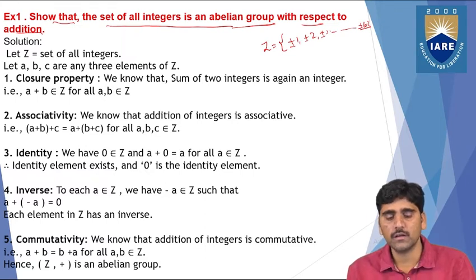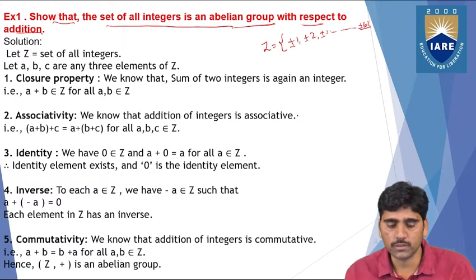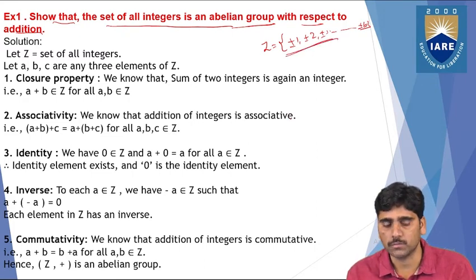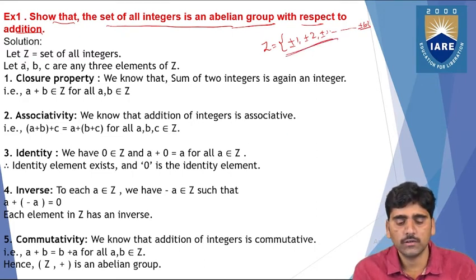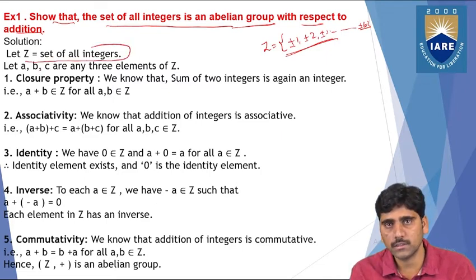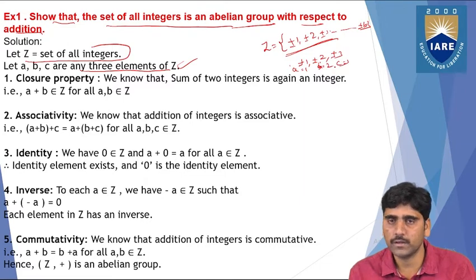We are going to show that with the addition operation, this set becomes an abelian group. So let Z equal the set of all integers. Let A, B, C be any three elements of Z. You can take plus or minus 1, plus or minus 2, plus or minus 3. This is the A value, this is the B value, and this is the C value.